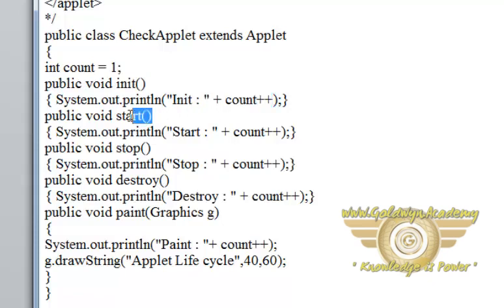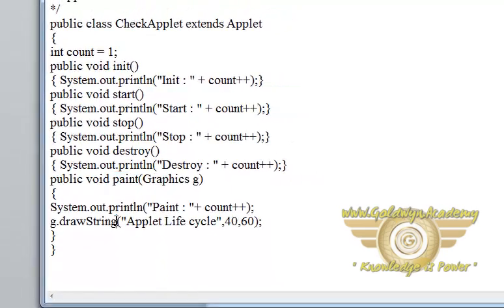Then the start method, which is used to print start with count. Then the stop method, which is also used to print stop with count, and then the destroy method. Here we have the paint method, which is used to draw the string on the applet.